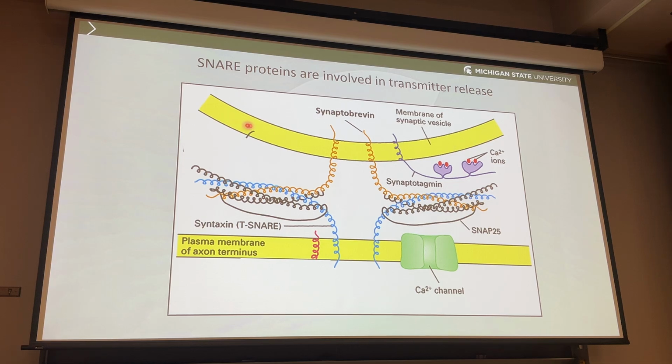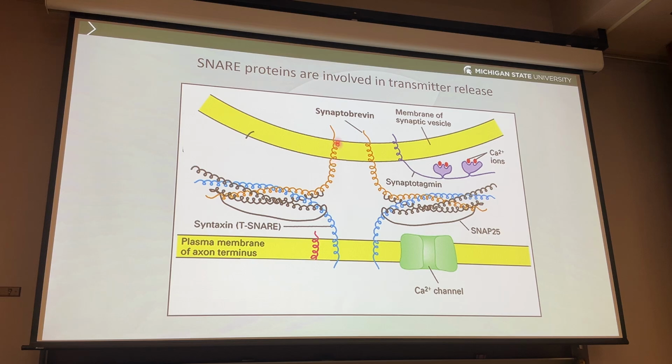this yellow band is the membrane of a synaptic vesicle. Here we have the cell membrane, the plasma membrane of the axon terminus, and you can see that these SNARE proteins are embedded in both membranes, and they actually come together and knit themselves together.